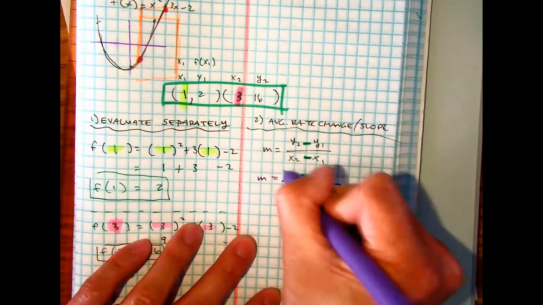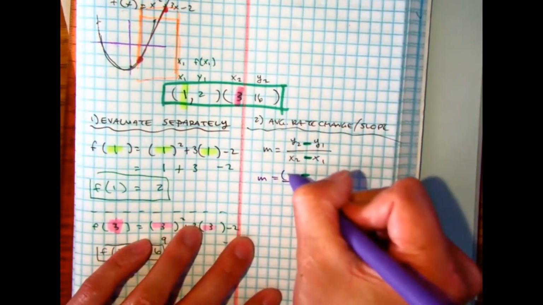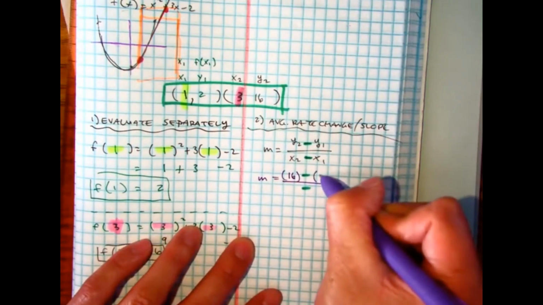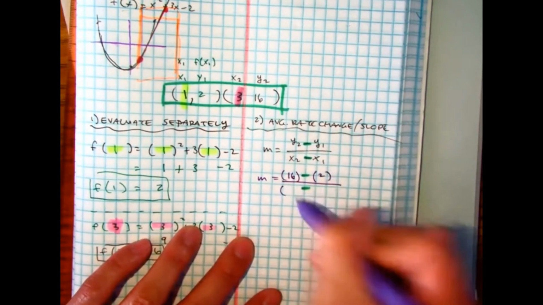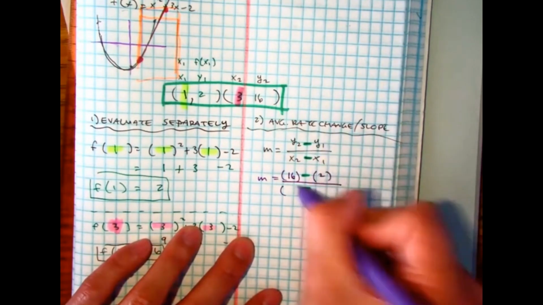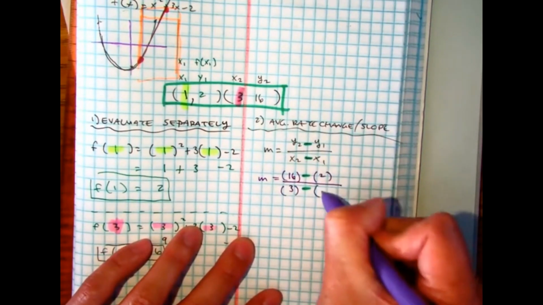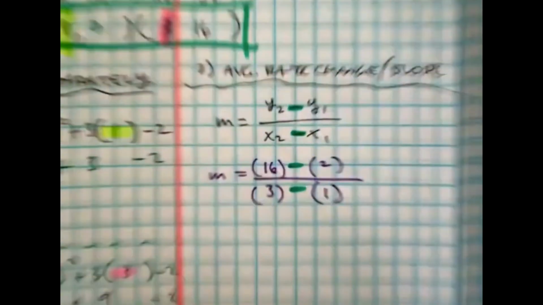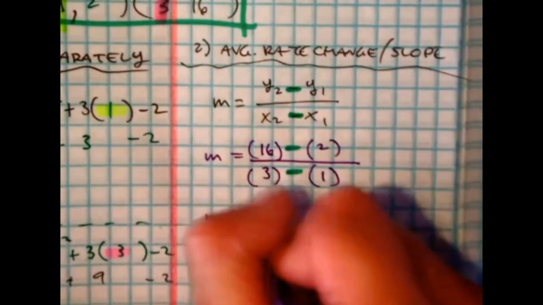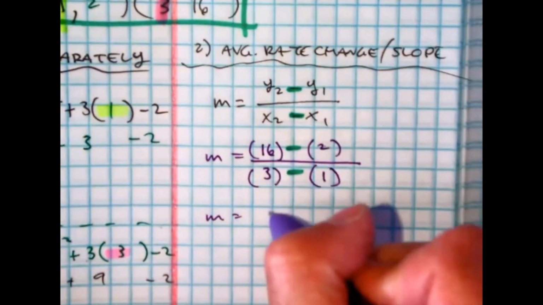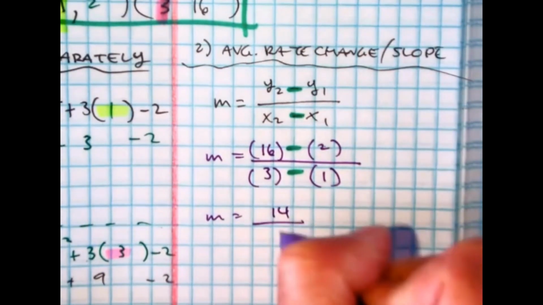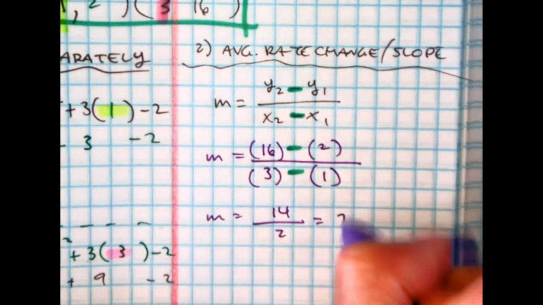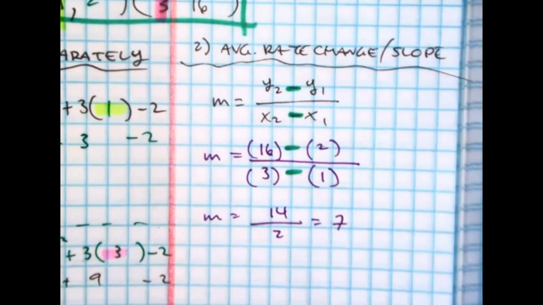My y2 value is 16 minus 2 over 3 minus 1. And now I have 16 minus 2, which is 14 over 2, and 14 divided by 2 is 7. The average rate of change is 7.